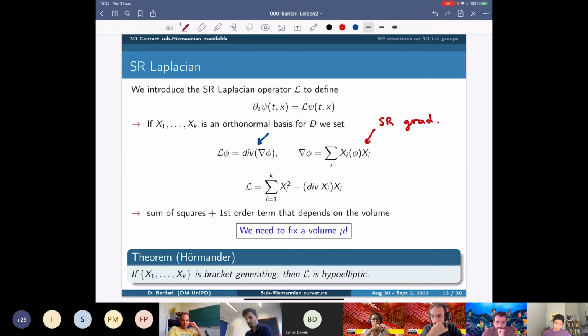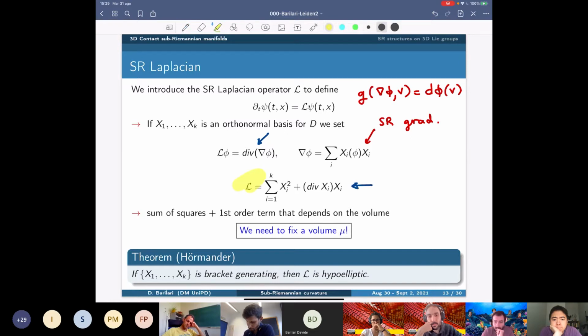It is a horizontal vector field which satisfies the usual relation, but only for horizontal vectors v. With this formula one can write the divergence of this gradient and then use the Leibniz rule and arrive at this formula here for the Laplacian, which is the sum of squares plus a first order term.